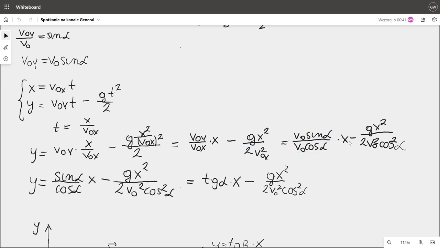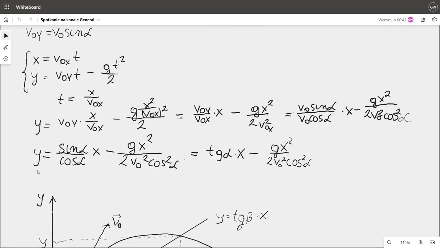It's done here and here. Instead of sine of alpha divided by cosine of alpha, we can write tangent of alpha. It's here. Instead of this, now we have the equation of the path of the thrown body. It's here.